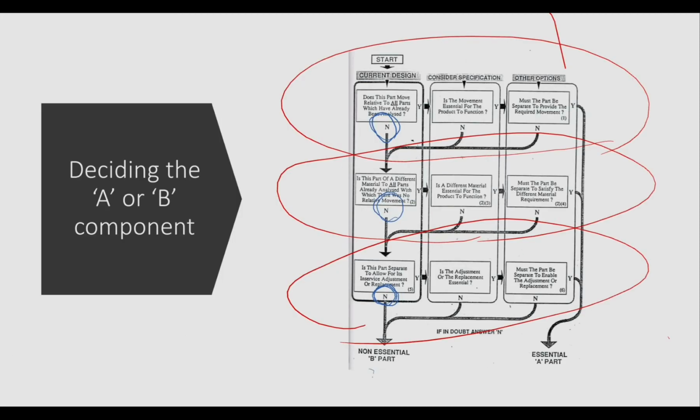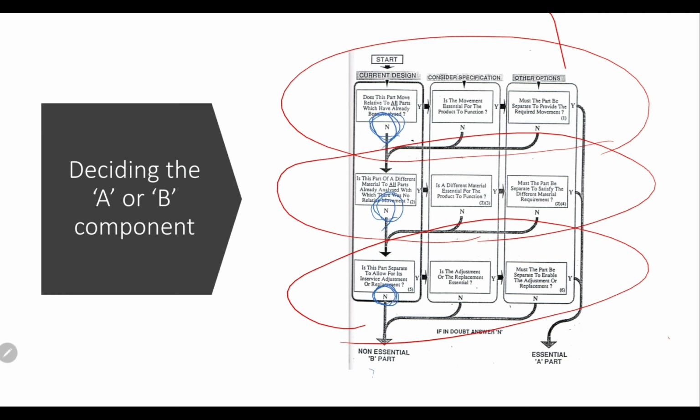So the first question, does this part move? Okay, the answer is no. Is this part of different material? Let's say no. It can be the same, as compared to the shaft and the main body. And is this part separate to allow for the required movement?